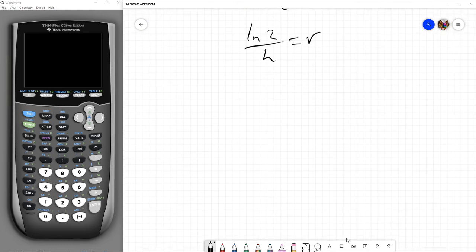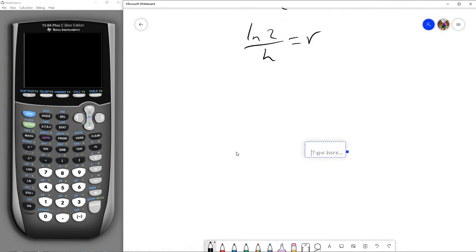So example, I'll type this out also. Polonium 210 has a half-life of 140 days.